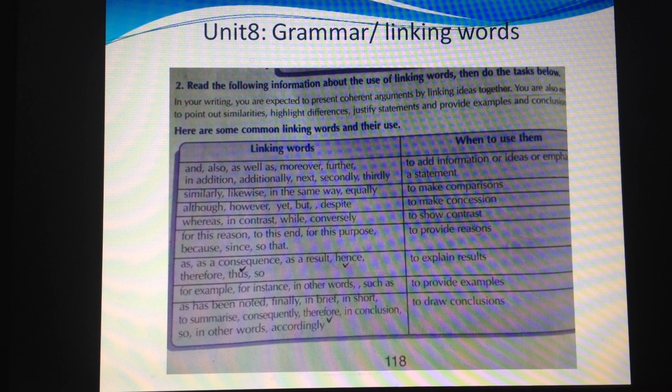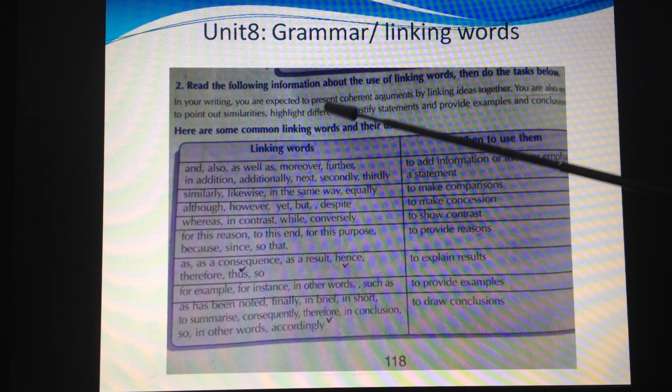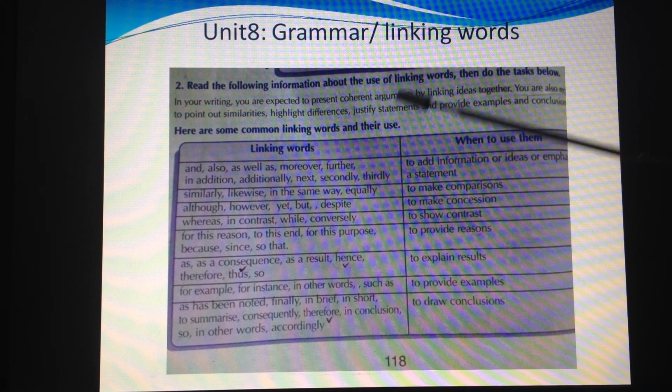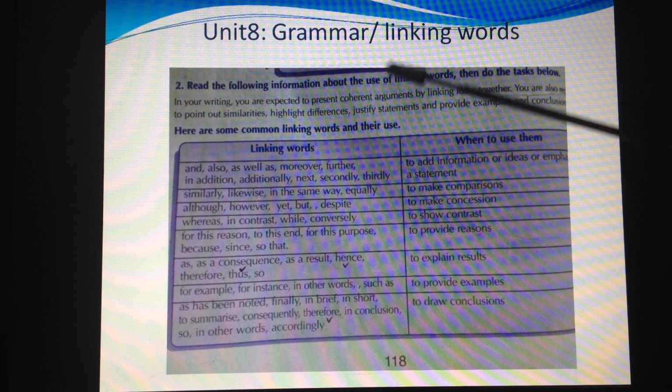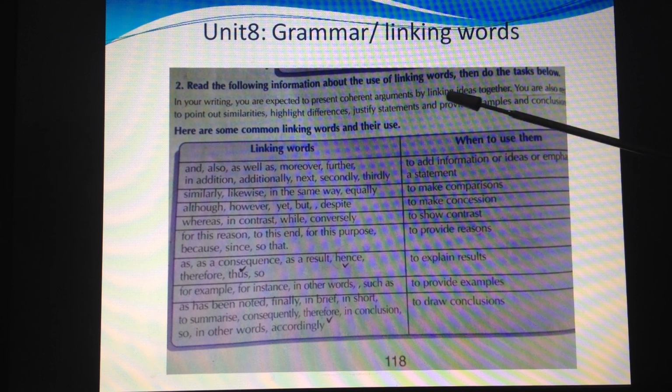Why do we need linking words after all? So linking words are necessary, helpful, useful in writing coherent paragraphs. You will need those not just for grammar, not just to pass the exam, but also to help you write very coherent paragraphs.